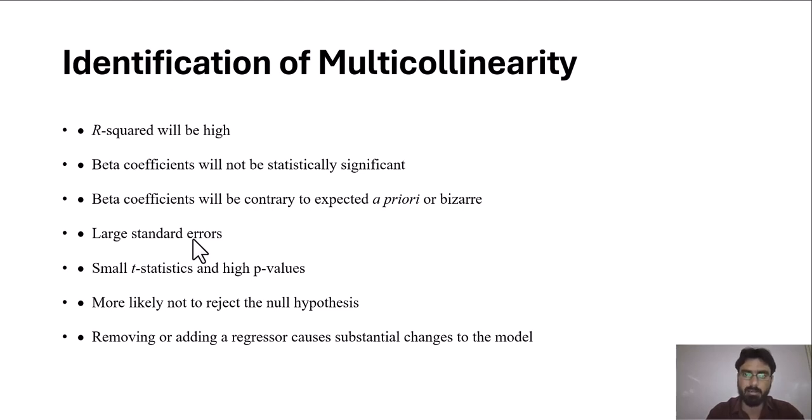So it means that there exists an issue of multicollinearity. For example, if there are three independent variables in your model and the R square value is 0.7, when you drop one variable, the R square value falls to 0.2. So there is a drastic change in the value of R square.